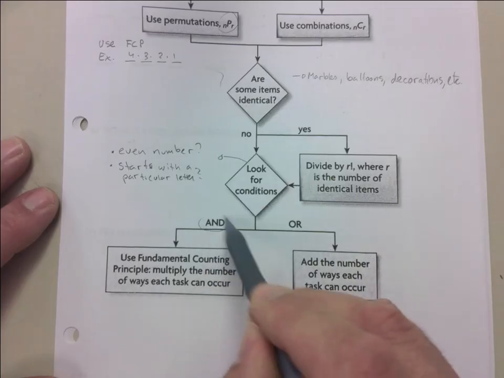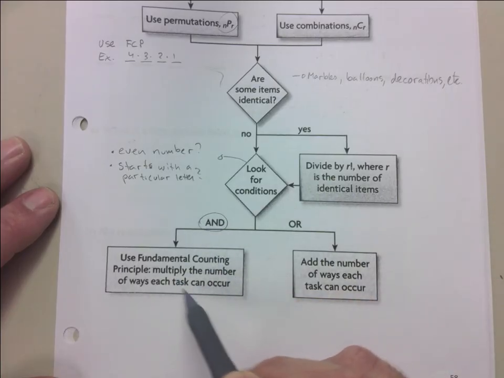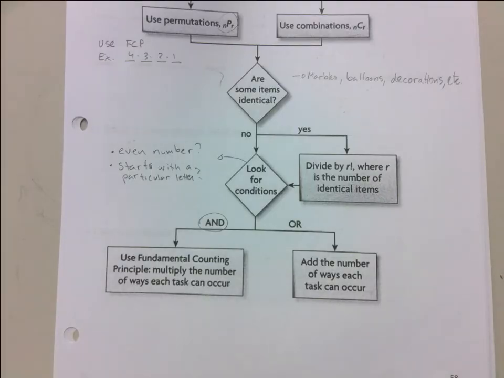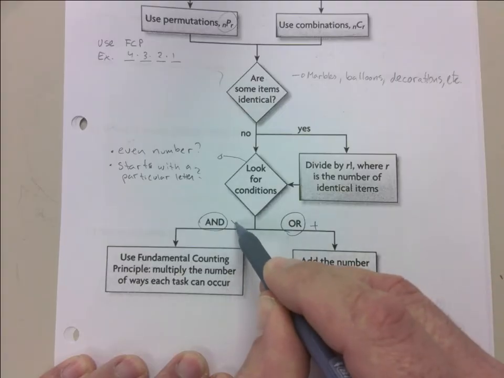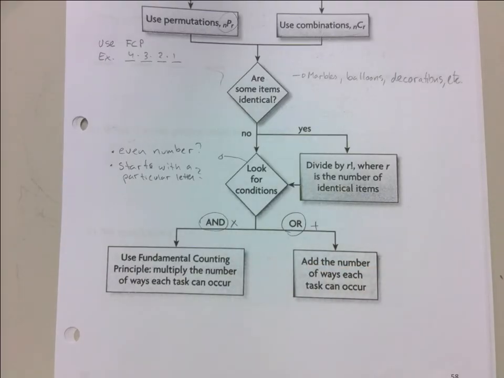If it says and, then we just multiply the occurrences. If it says or, we add. So and is times, or we add. And sometimes they're implicit, so don't be looking for, oh, there's a bunch of ands here, so I'm going to multiply this, this, this, and this. Make sense of the question and of what we've been doing so far.